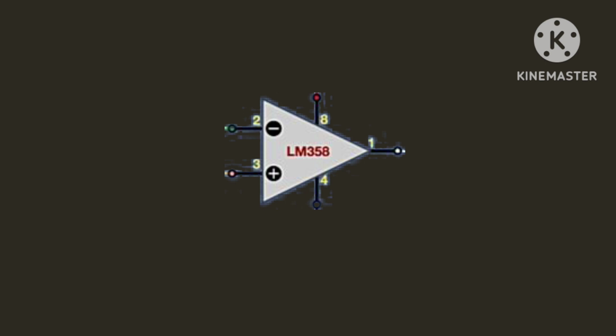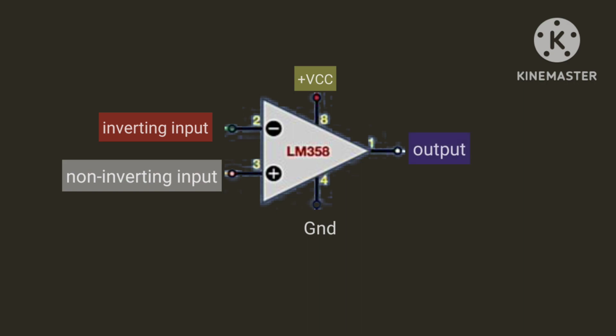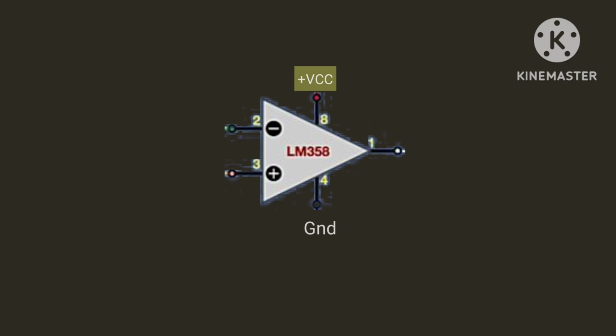Op-amps come with 2 input pins and 1 output pin, where the negative sign is known as the inverting input and the positive sign is known as the non-inverting input. What this means is if we apply a signal at the non-inverting input pin, our signal is going to be amplified by the op-amp to a much higher gain, with the output signal in phase with its input.